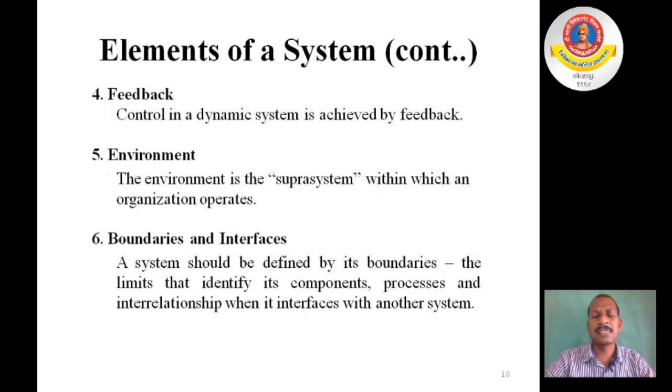And the last one, sixth, is boundaries and interfaces. There are certain boundaries and some interfaces. A system should be defined by its boundaries, the limits that identify its components, processes and interrelationships when it interfaces with another system.